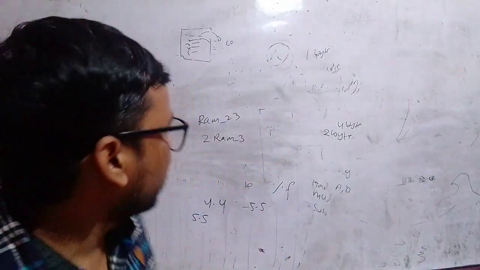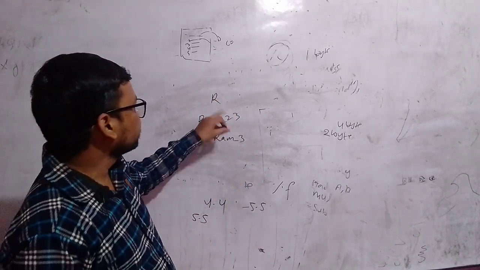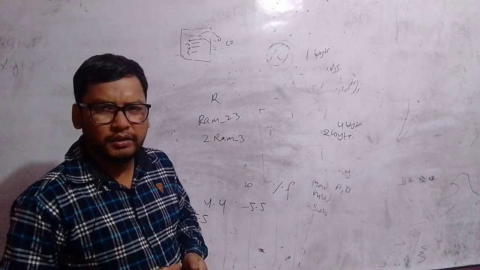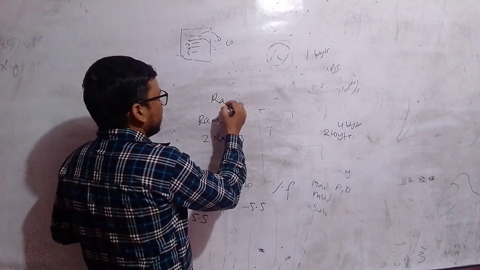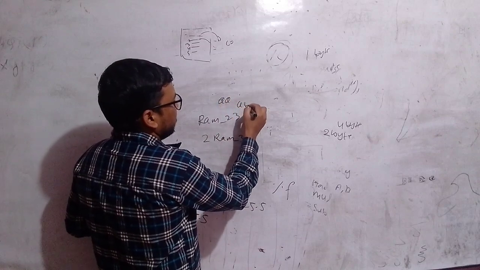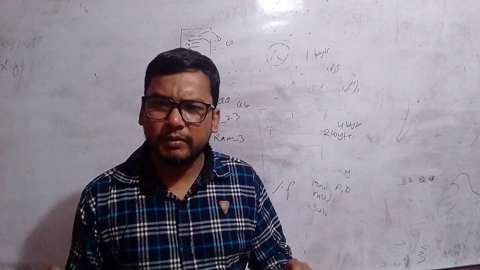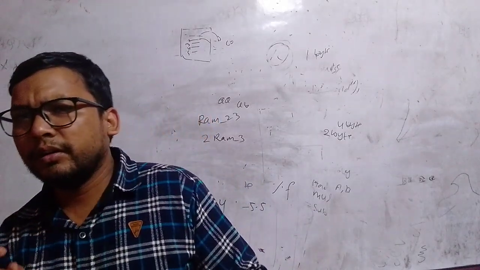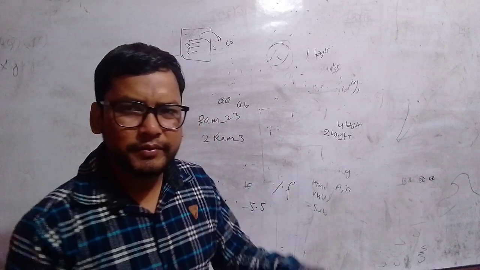A variable name could be R only, a single alphabet, or A, B, and so on. Combinations of alphabets only, alphabet and underscore, or alphabet, underscore and number are allowed, but a number cannot come at the beginning of the variable name.